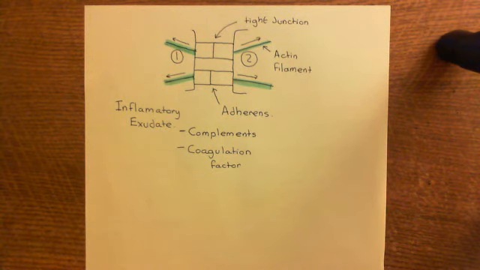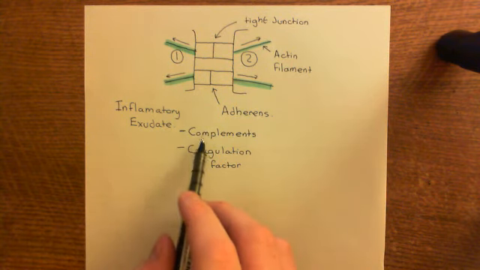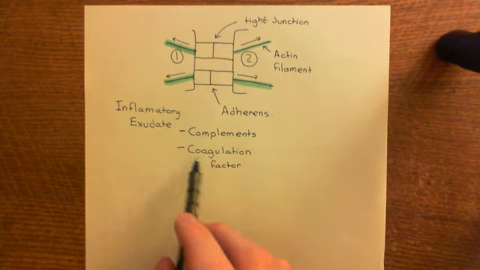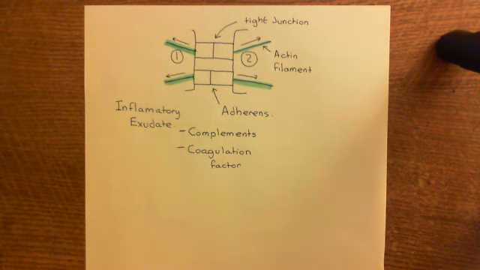Okay, right. So this is going to actually attack the pathogen. The coagulation factors are going to produce a fibrin meshwork that is hopefully going to prevent the pathogen from spreading to other portions of the body. Okay, so that's the purpose of formation of this inflammatory exudate. Okay, so we'll continue this discussion in the next video.